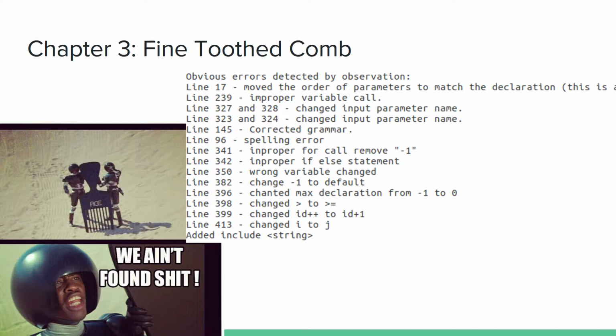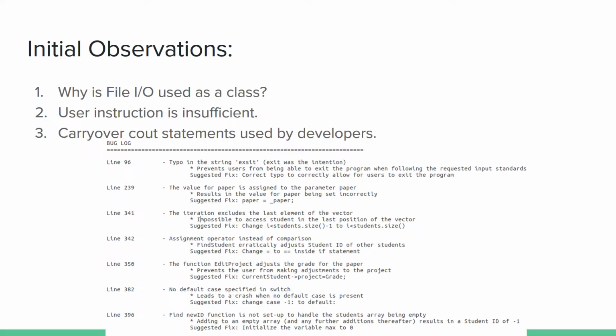There were simple errors that we were able to detect, such as spelling errors and out of bounds errors, but other things that were more logical errors, such as functions not being placed within the right calling scope, took a little bit extra time to find.